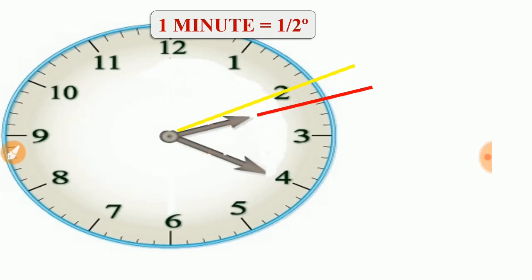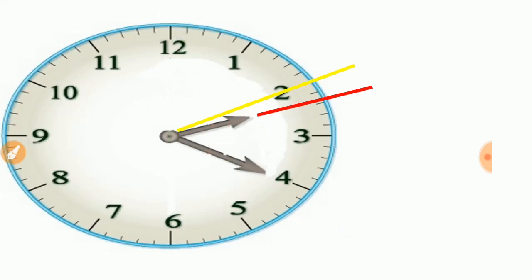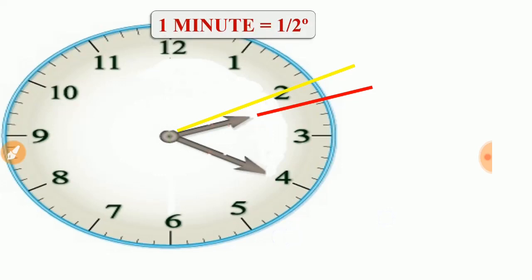We know that the movement of the hour hand from the yellow line to the red line is the result of the movement of the minute hand. So how far does the long hand, the minute hand, move? It's 20 minutes of movement. We know that 1 minute is half a degree.